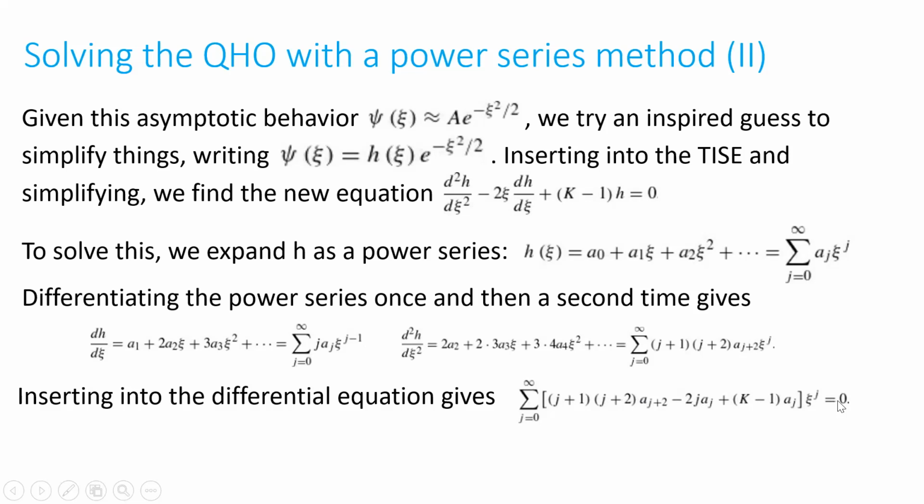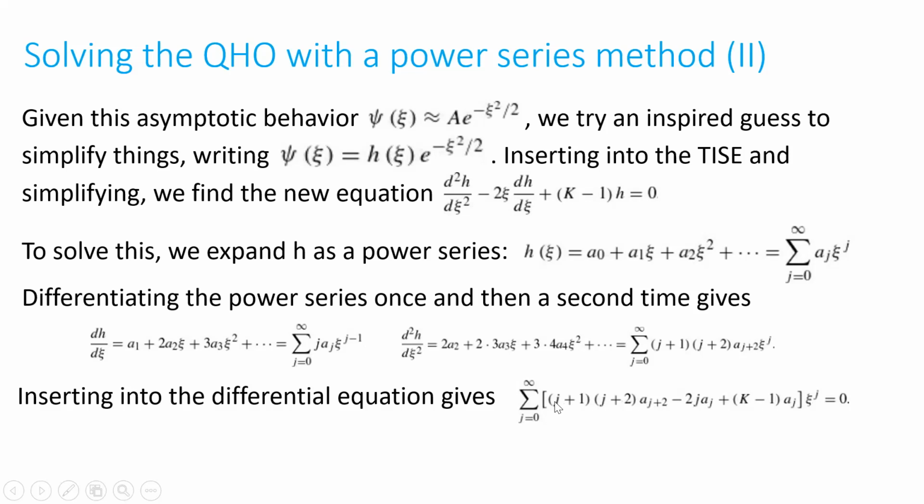c to the j equals 0. Okay, and here's where we use the real important property of power series, which is that if this power series is going to be 0, it's a power series in c. So if any of these terms in brackets was not zero, then that would make the sum not zero, because if c was, say, 1, all these would be added together.